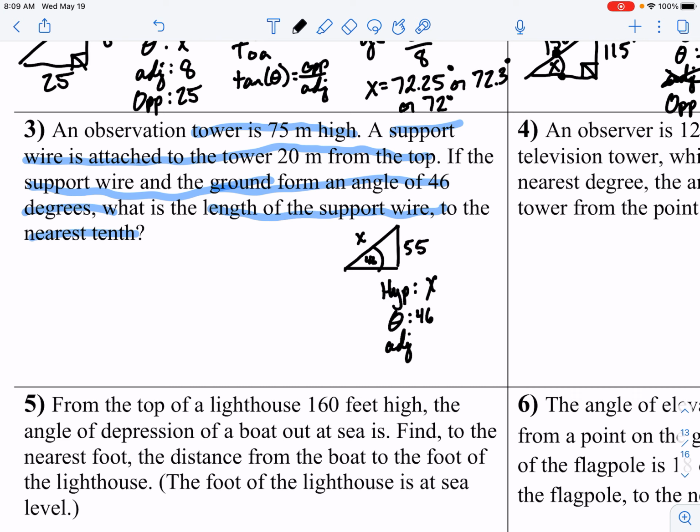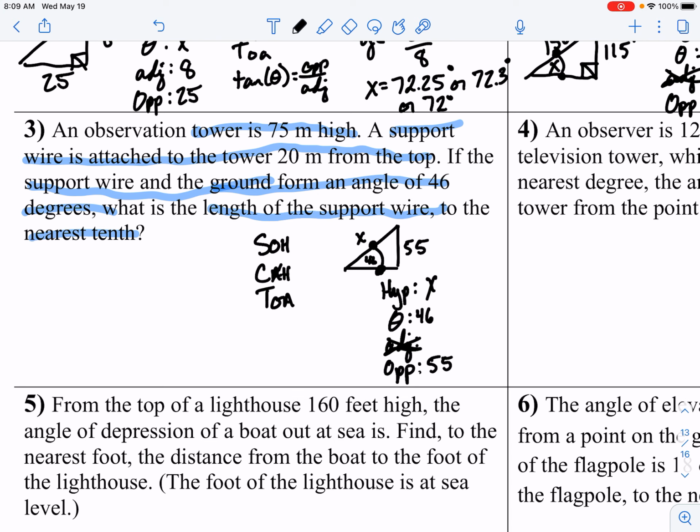Immediately find my adjacent side, which, remember, when I track my theta, it touches the hypotenuse, which was X. The adjacent side I don't have information about, nor am I trying to solve for it. That leaves my remaining side to be the opposite side, which happens to be 55. From here, my trig equations.